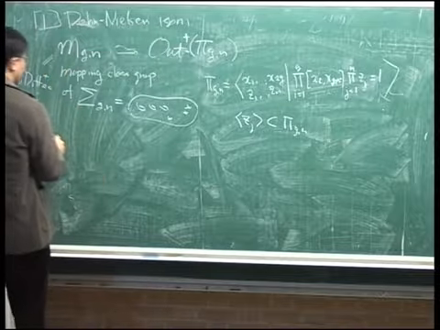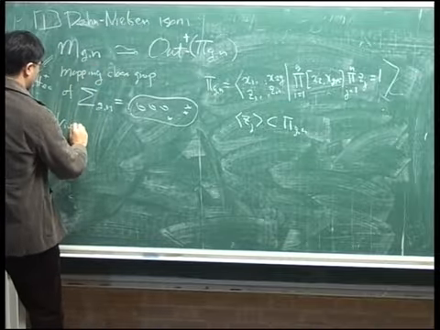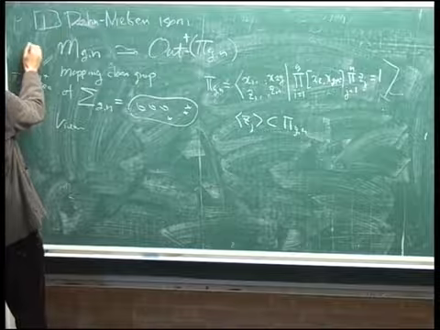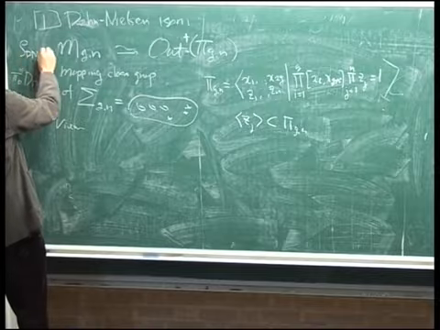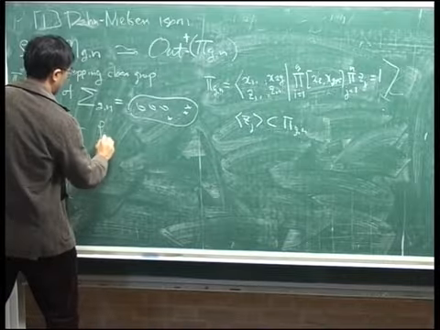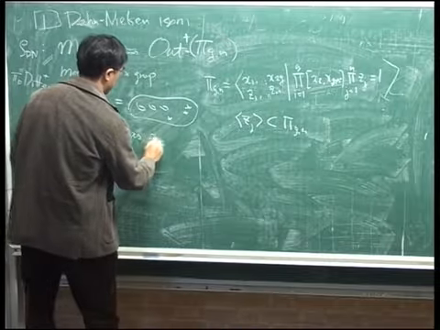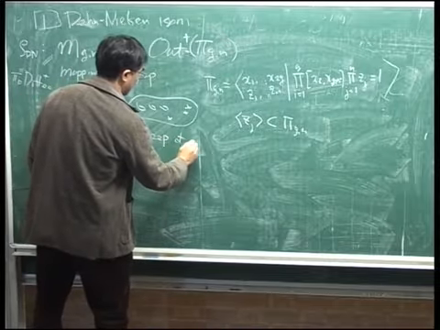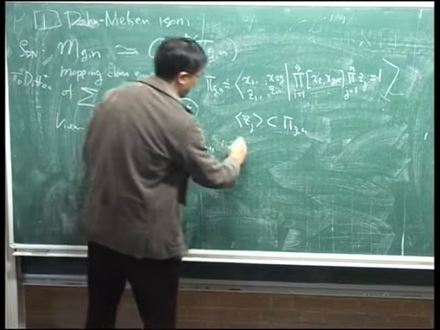And today I want to view this map, the Dehn-Nielsen map rho_DN, as a representation of the mapping class group in a simpler group.